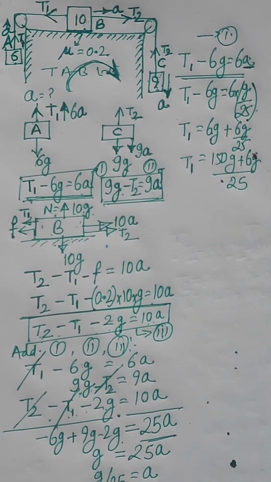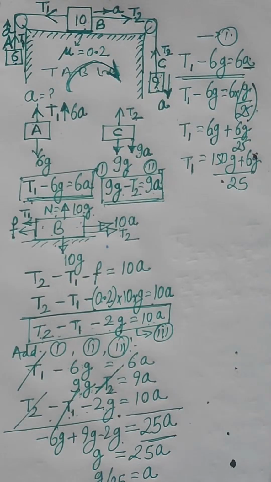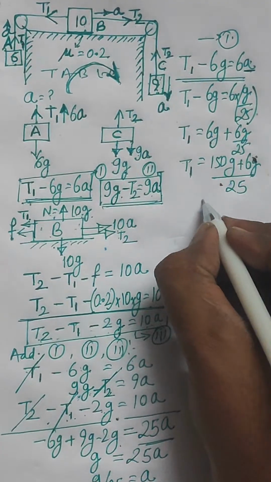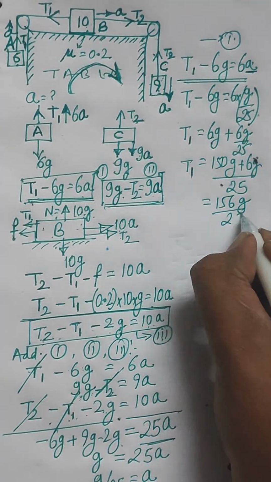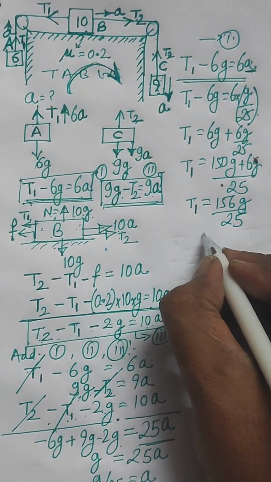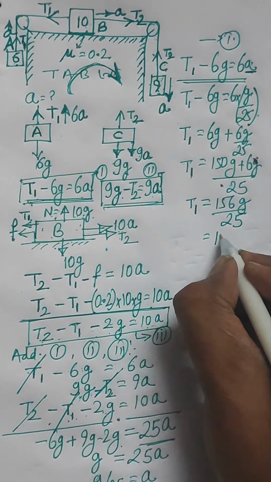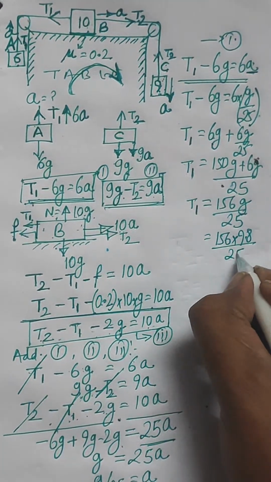I think it's visible. Yeah, perfectly fine. So from here you can see the value of A was calculated. Now T1 is 156G by 25. So you can simply put in the value of G, so it will be 156 into 9.8 meter per second square divided by 25.